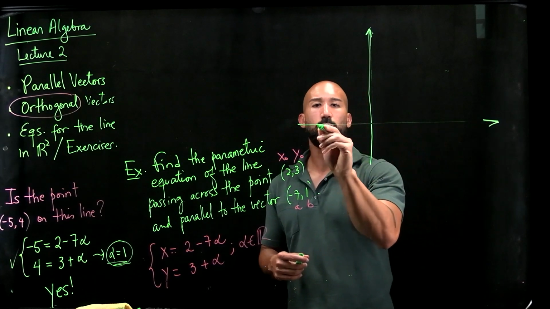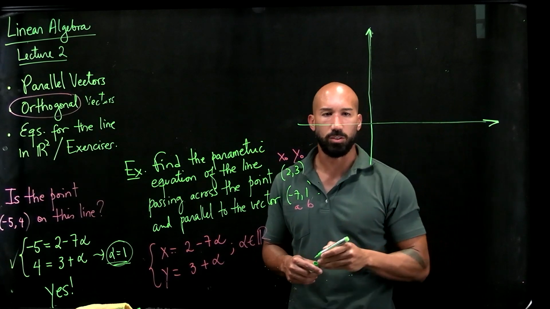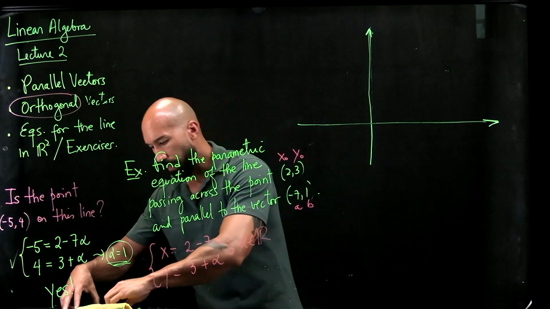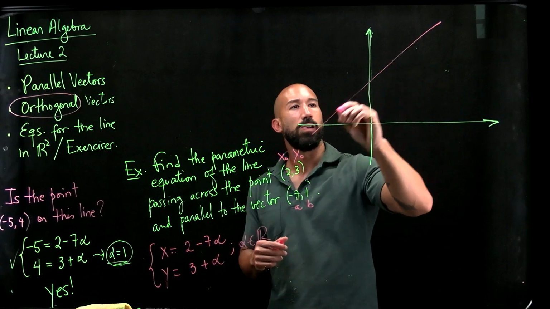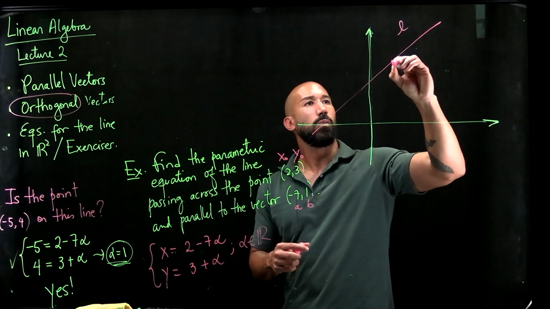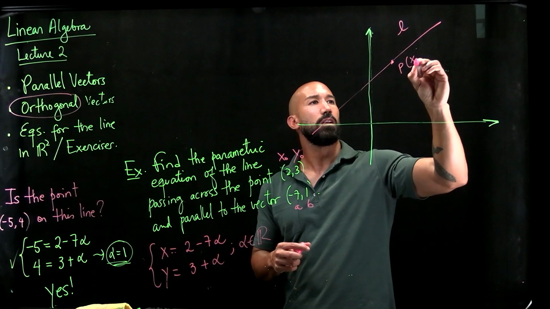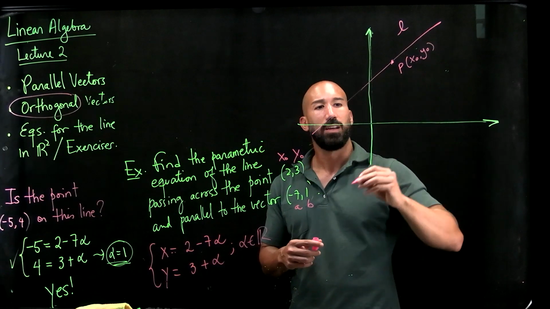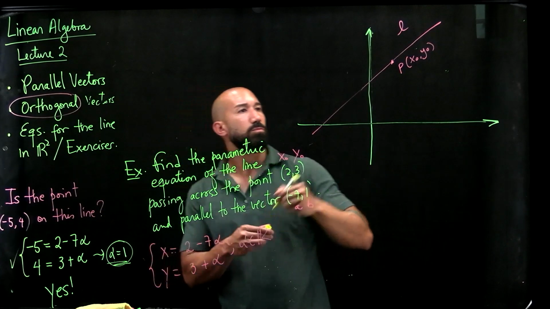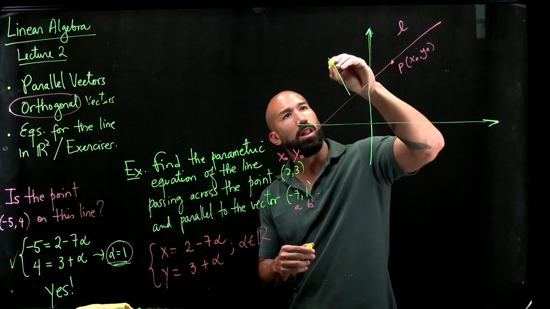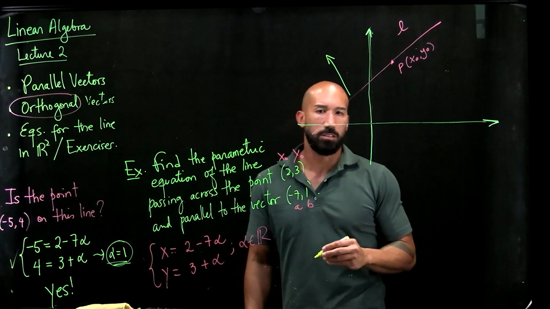What is the other way in which we can describe a line using vectors? Well, let's suppose that we have our line L here. Again, we have our point P at x0, y0. And now instead of a parallel vector, what we are going to have is an orthogonal vector.